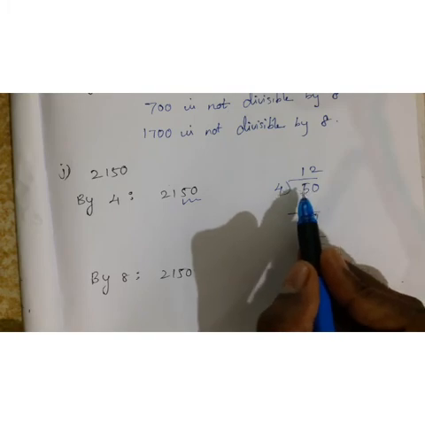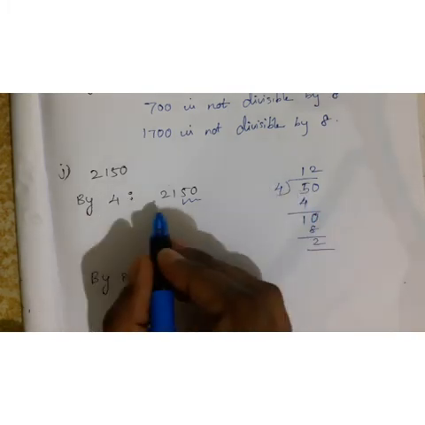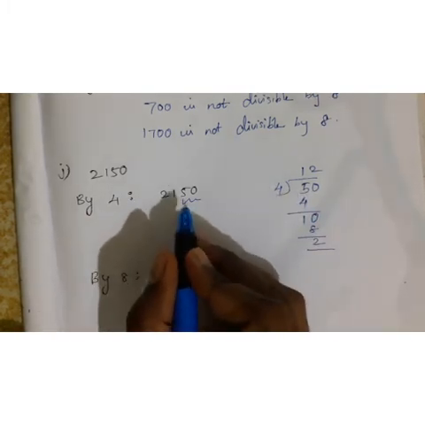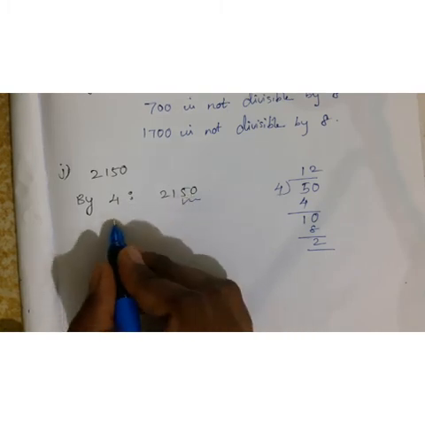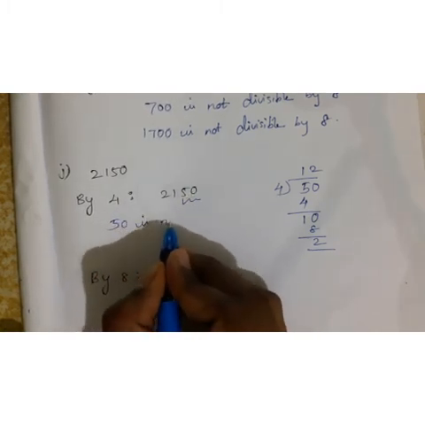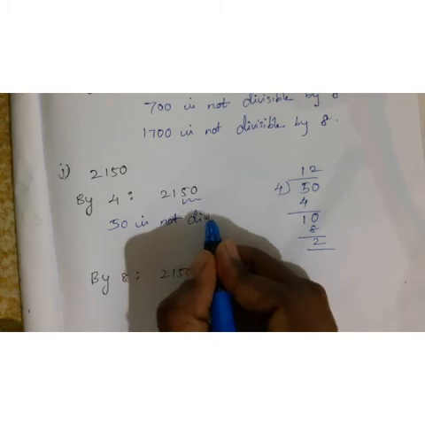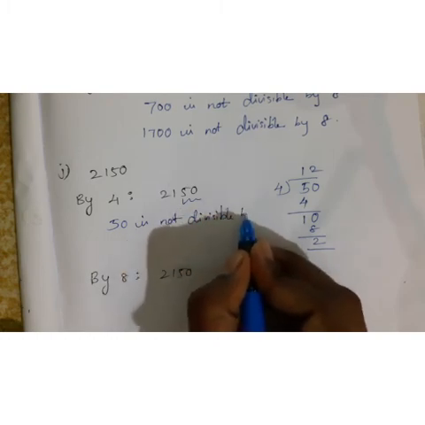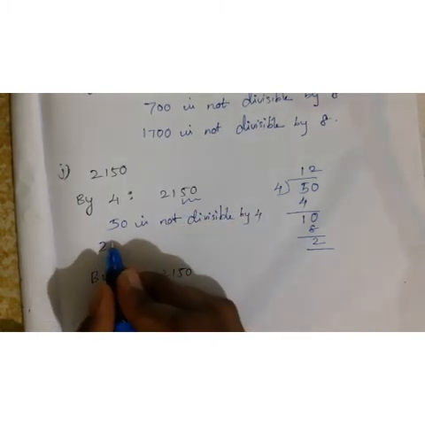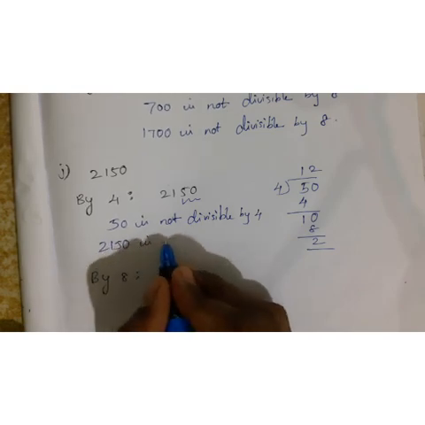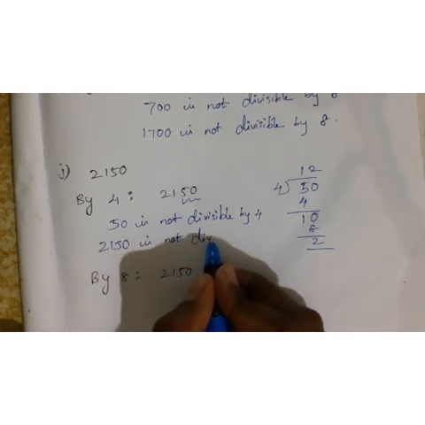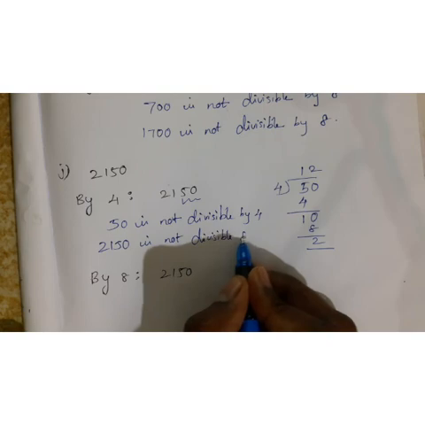Since 50 is not divisible by 4, 2150 is not divisible by 4.